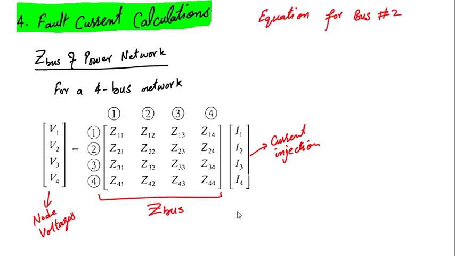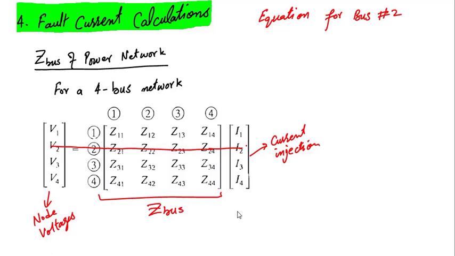Now if we write the equation for bus number 2, for example, the second row in that equation will be written as V2. This V2 will be equal to the product of the second row of this matrix Z bus multiplied by the node current injection vector.